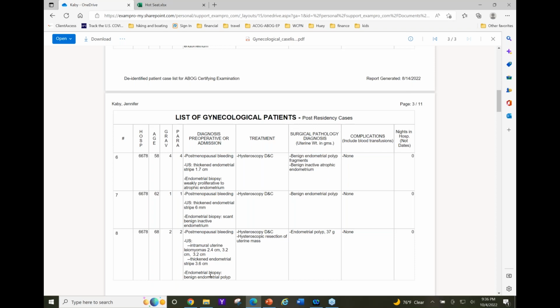The other way this might come up is, what if she has a 4 millimeter lining, so you don't sample her, but she continues to bleed? Then you're not going to say, oh, it's normal, so I'm just going to blow it off. So the only point I was trying to make is that 4 millimeters is not necessarily quote unquote normal and 5 millimeters is not grossly abnormal.